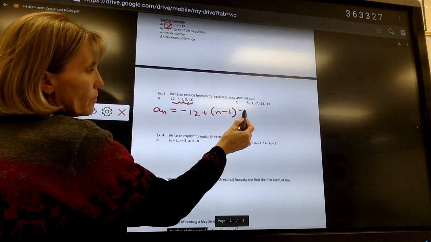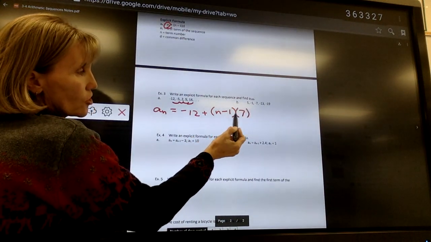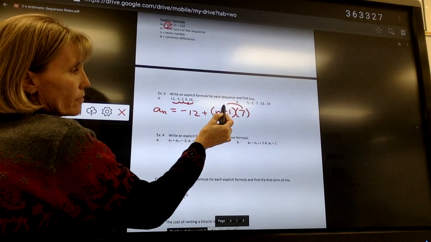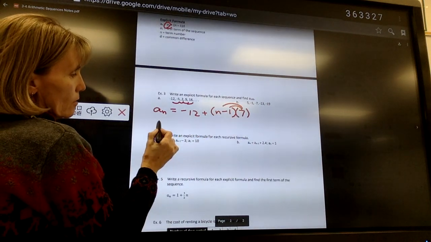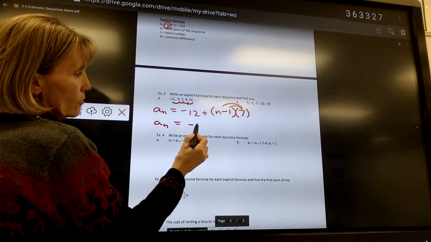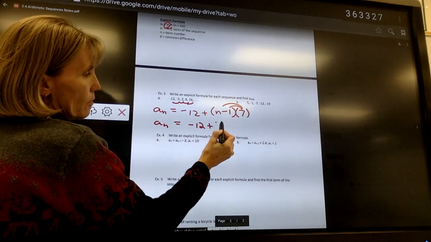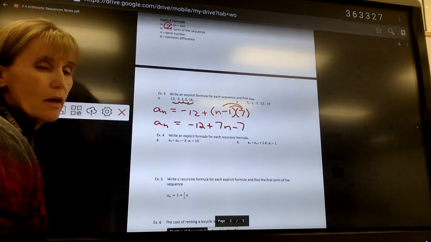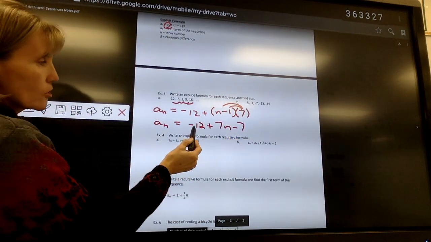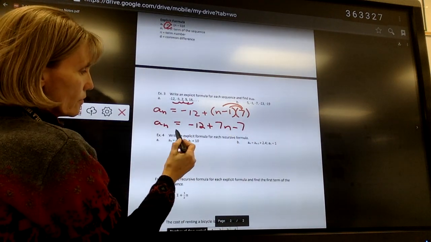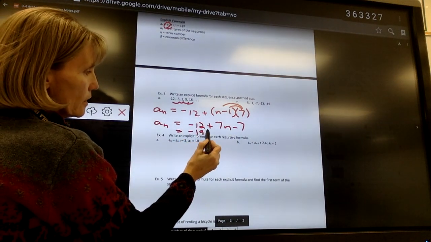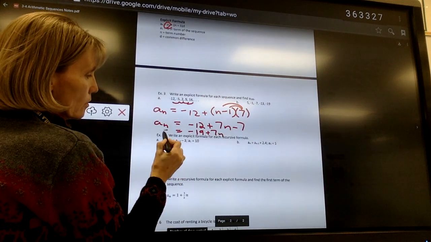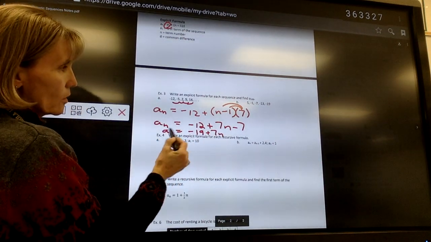Each time it's going up by 7. Now this is multiplication back here, so we are going to have to distribute the 7. So we say a sub n equals -12 plus, I would get 7n minus 7. And then you want to simplify the terms that are like terms. So I have a -12 minus 7. That's going to be a -19 plus 7n. So this would be your explicit formula.